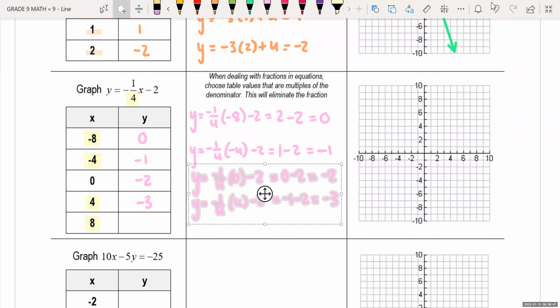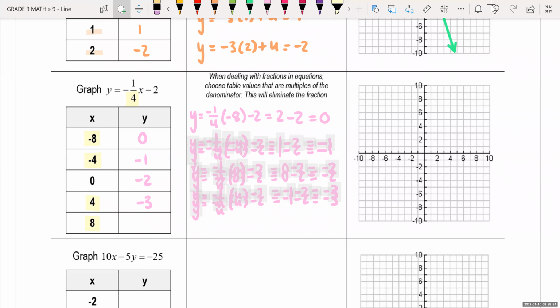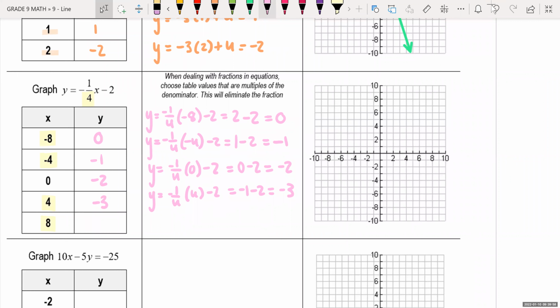I'll move that over, and I will also move all of this over. I need more room. Okay, so the last one is going to be y is equal to -1/4 times 8 minus 2. That's just -2 minus 2, which is just -4.